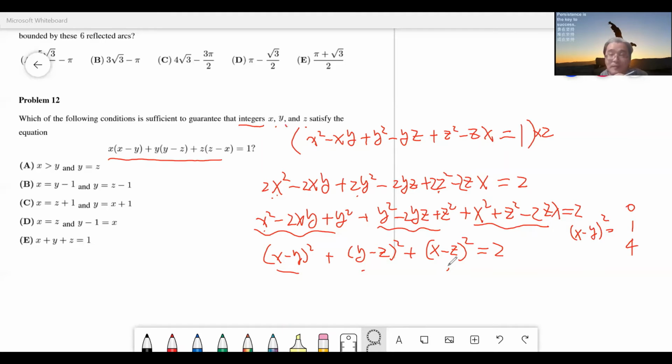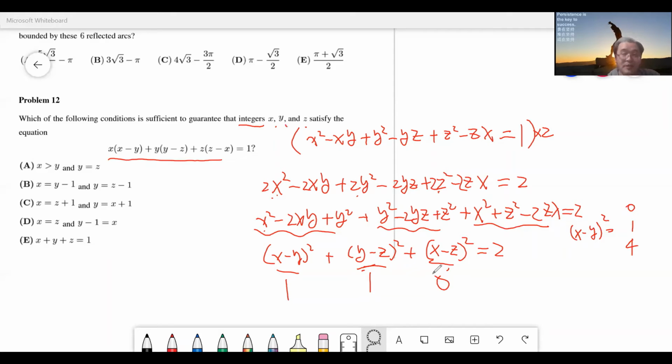What does this mean? None of these three can be 4, so they can only be 0 or 1. One simple example: let this equal 1, this equal 1, and this equal 0.